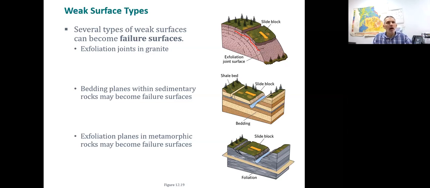If we take a look at a place like Elephant Rock, Elephant Rock has all of those boulders of elephants all on one exfoliated surface. If we use geophysical techniques, we can actually see that there's a second layer of exfoliation joints on that granite.